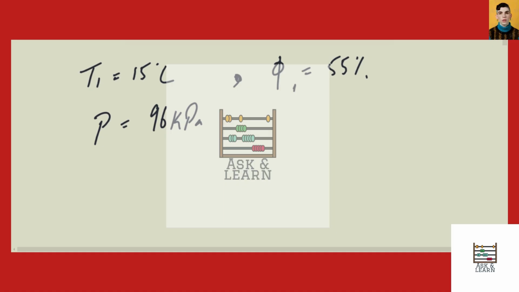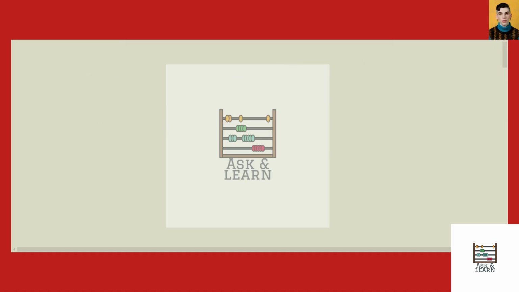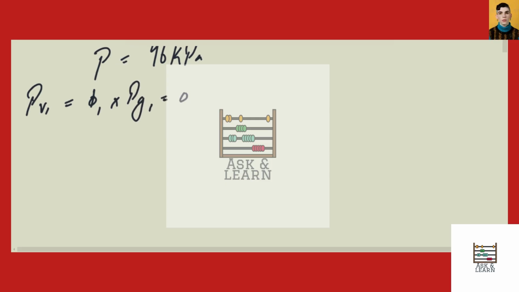So to determine the water vapor pressure, that is PV1, from that dry air pressure PA1, we have PV1 is equal to phi 1 multiplied by Pg1, is equal to 0.55 multiplied by 1.7057, is equal to 0.9381 kilopascal.